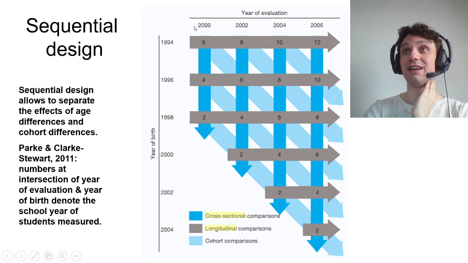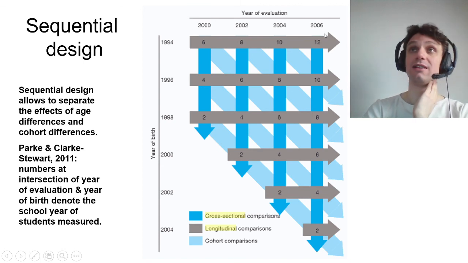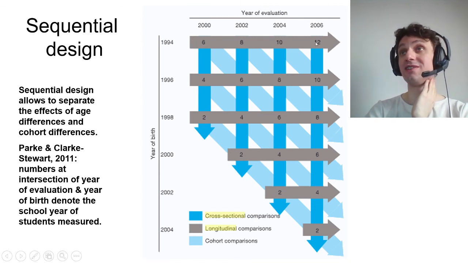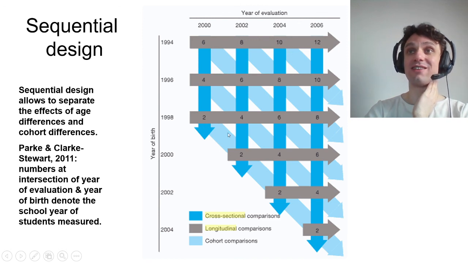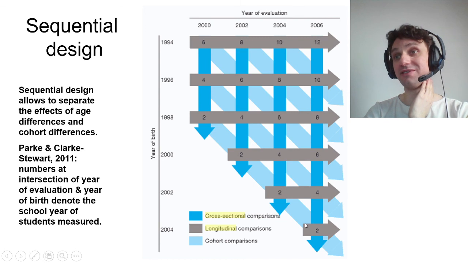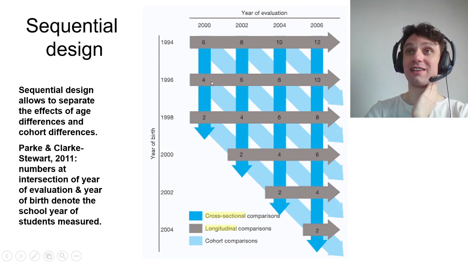As a result, this study took only 6 years to conduct, and this data allows to perform both longitudinal comparisons within each cohort, so you can compare and replicate your findings, and you can also perform cohort comparisons and check whether children at the 2nd grade born at different years or at the 4th grade born in different years, whether they are similar or different from each other.